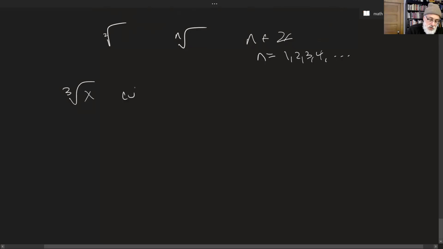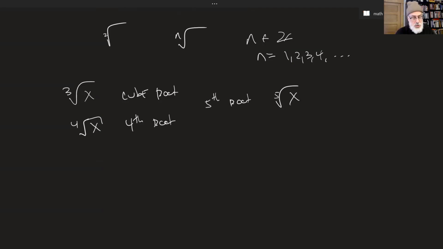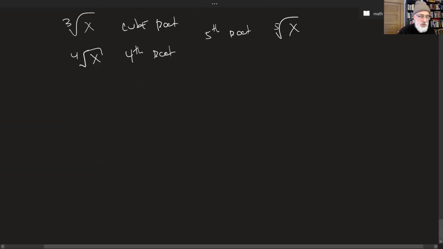We call this the cube root. This we just call the fourth root. The fifth root, you guessed it, fifth root. So we always write the roots when it's not 2. These work exactly the same as square roots in the sense of how we evaluate.